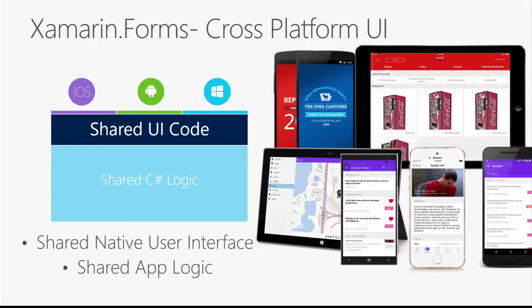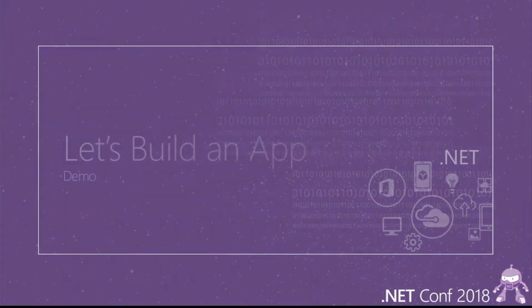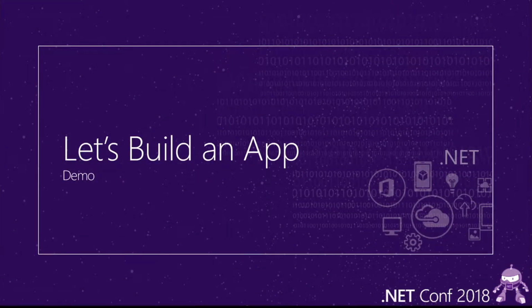But what's great here is that it's the native user interface. So I'll be creating all of my user interface in XAML that's shared and rendered natively across iOS, Android, and Windows. So I figured the best way to show this, and accessing some of these native APIs and tooling inside of Visual Studio that we've been rolling out, is to just build an application.